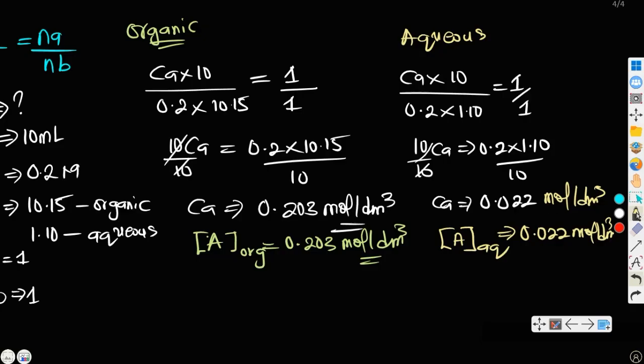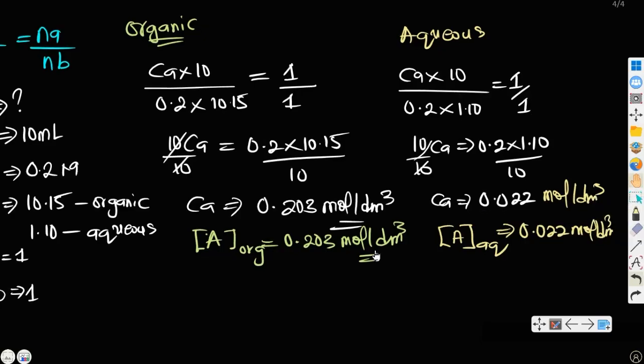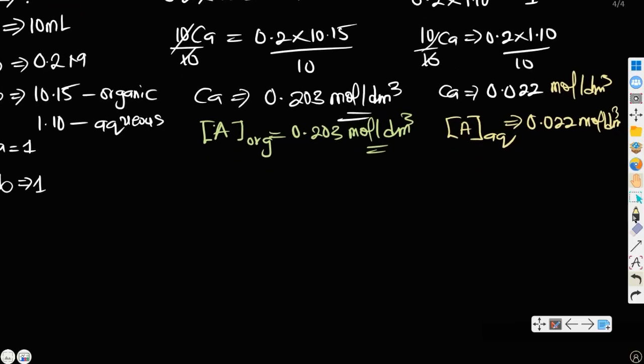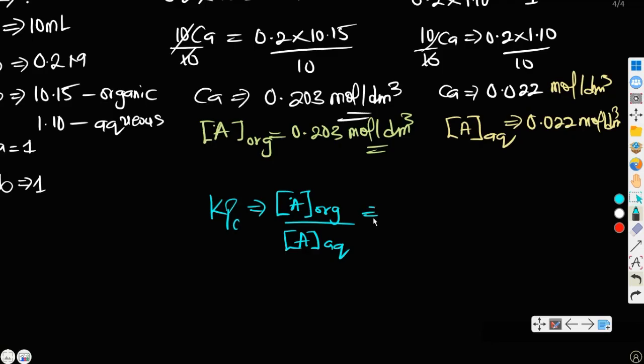Now, coming here to find the partition coefficient. What did you say is the partition coefficient? We say the partition coefficient, Kpc, is the concentration in the organic phase all over the concentration in the aqueous phase. Are you getting it now? And then at the end of the day, the values now become, in the organic phase, 0.203 mole per dm cube.